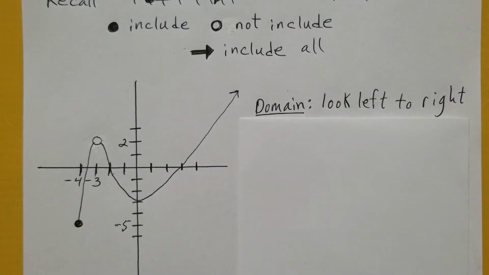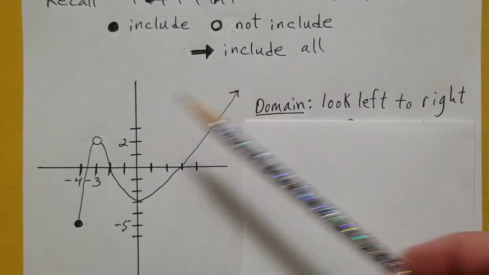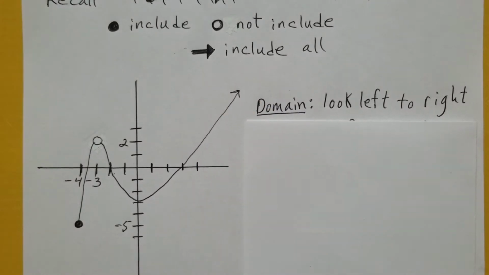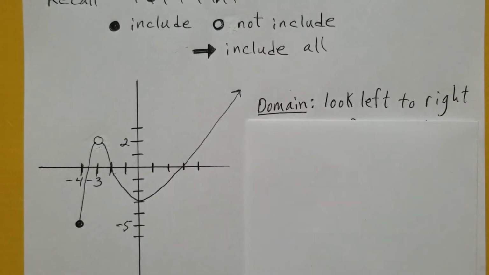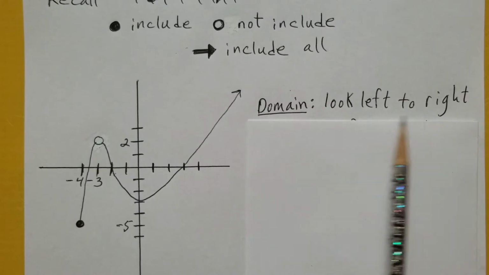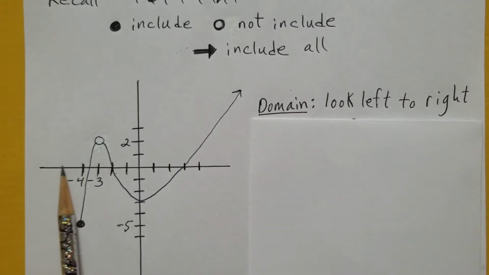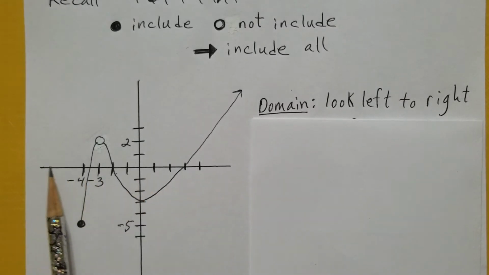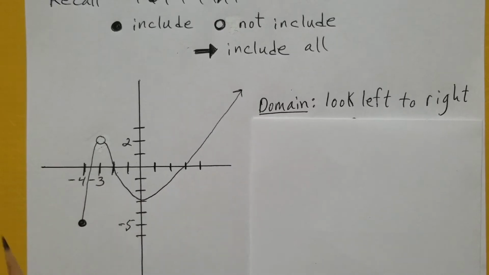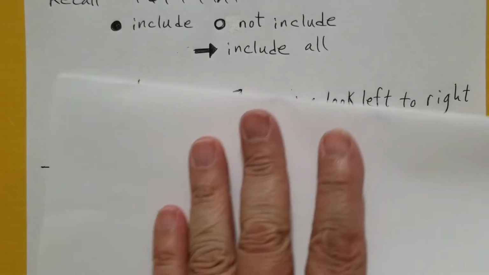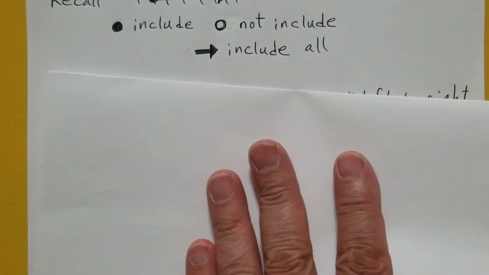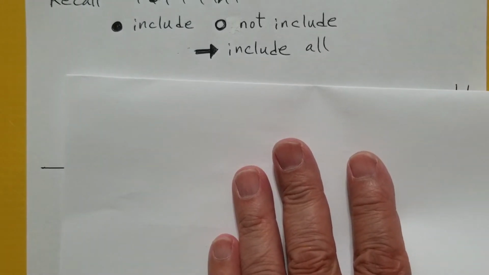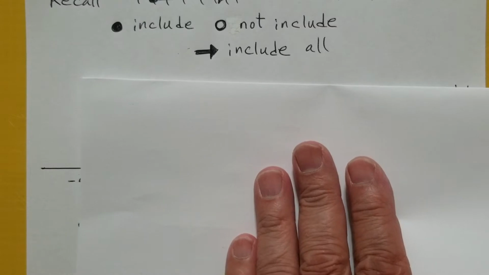Okay, so first, let's talk about domain. When you look at this graph, and we are asked what is the domain, then what we want to know is what are the x values. So we're going to look from left to right, right? This is the x-axis. So if we look from left to right, notice that there's no graph here, no graph here, no graph here.